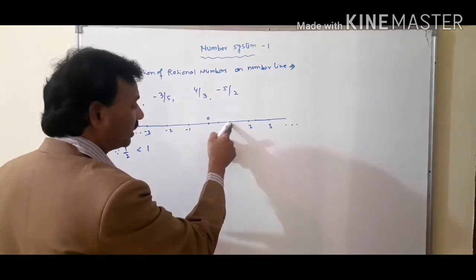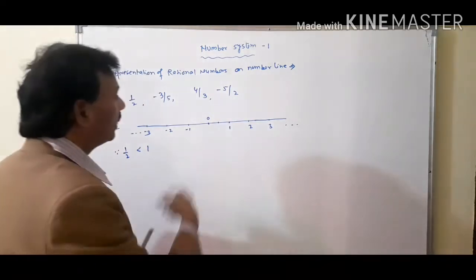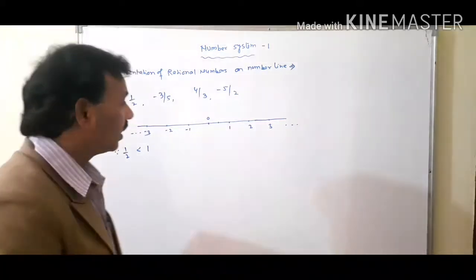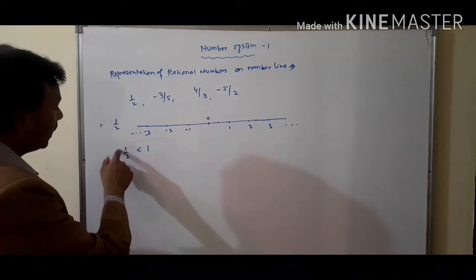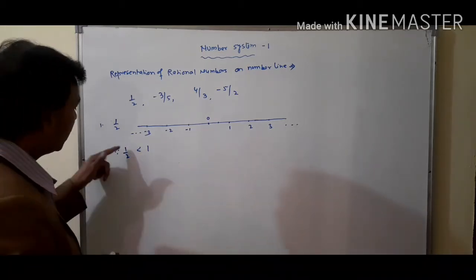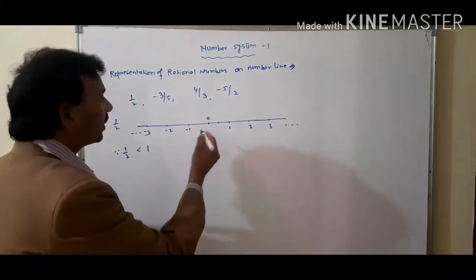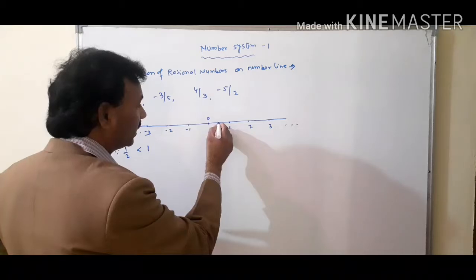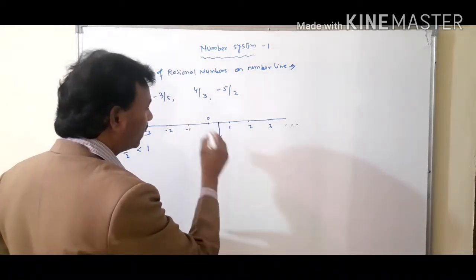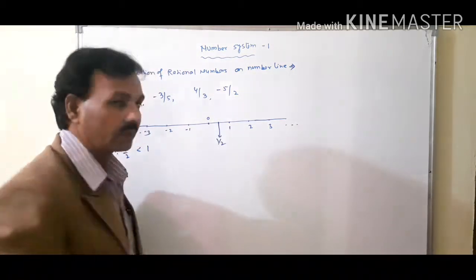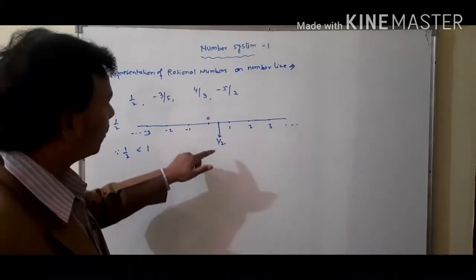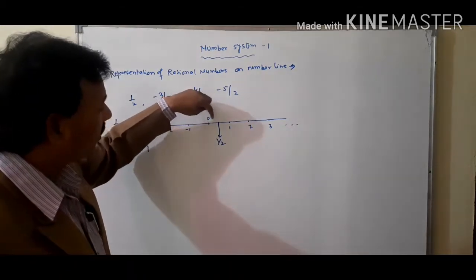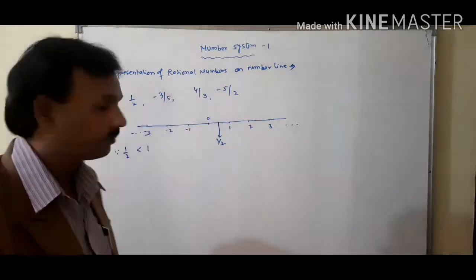Then take from the left side, from 0, the number of parts equal to the numerator. The numerator is 1, so we take one part from 0. So this position is 1 by 2. That means 1 by 2 lies between 0 and 1, in the middle of 0 to 1.